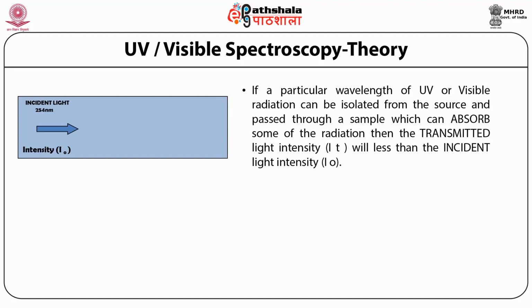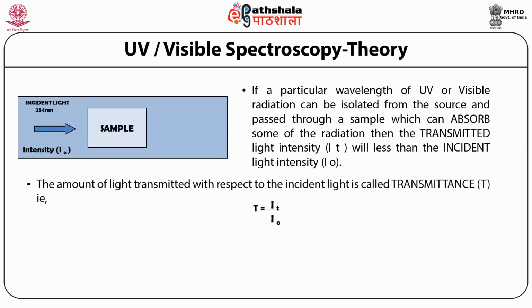If a particular wavelength of UV or visible radiation can be isolated from the source and passed through a sample which can absorb some of the radiation, then the transmitted light intensity IT will be less than the incident light intensity I0.